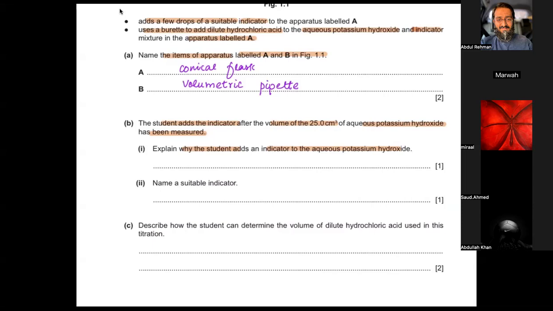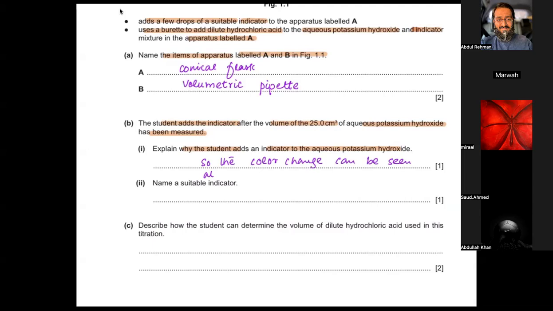So, the color change can be seen at the end point.